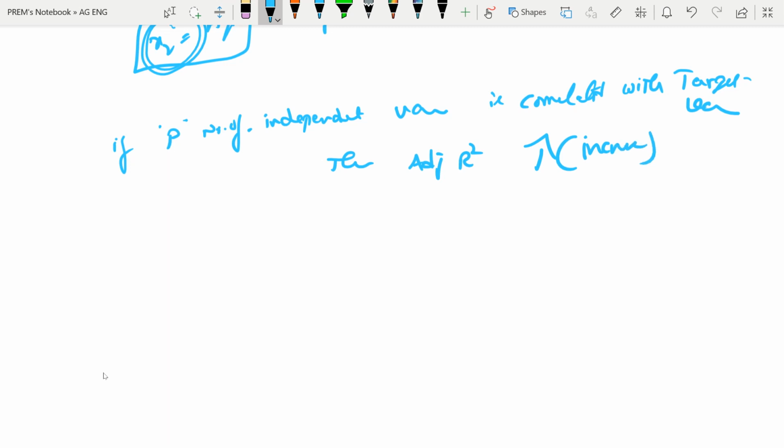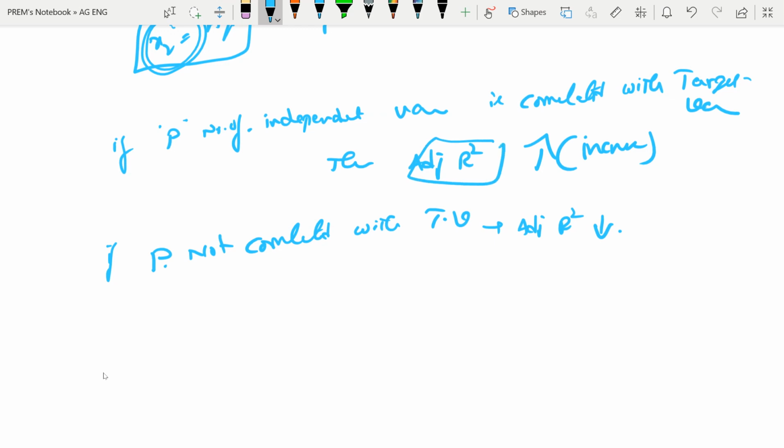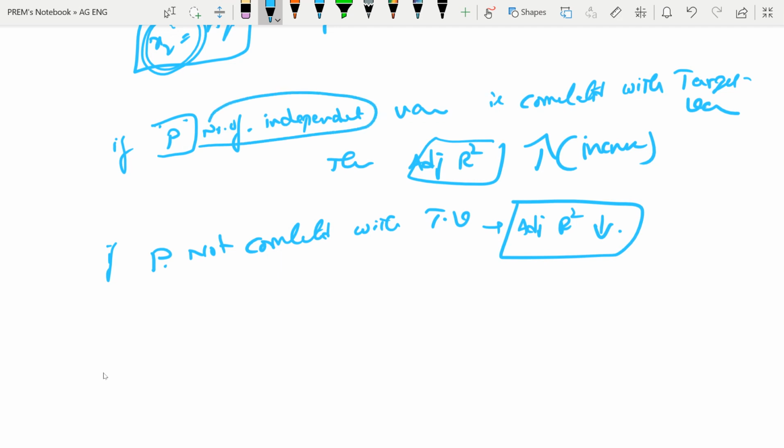If the independent variables are not correlated with the target variable, then at that time adjusted R square will be decreasing. So this is the difference between when adjusted R square will be increasing and when it will be decreasing. Here p is the number of independent variables.